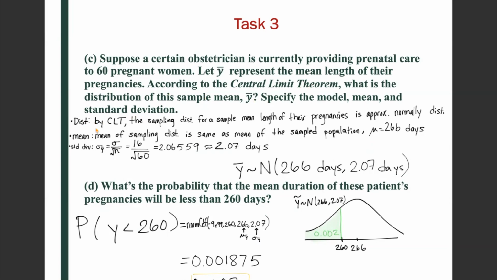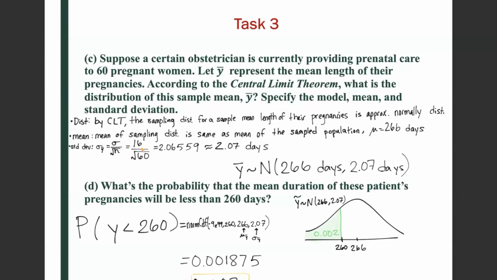Okay, so the distribution, this is similar to task 1 and task 2, but by central limit theorem, the sampling distribution for sample mean length of their pregnancies is approximately normally distributed, where the mean is going to be the same as the sampled population, so that's going to be 266 days. And then the standard deviation will be the standard deviation divided by the square root of n.